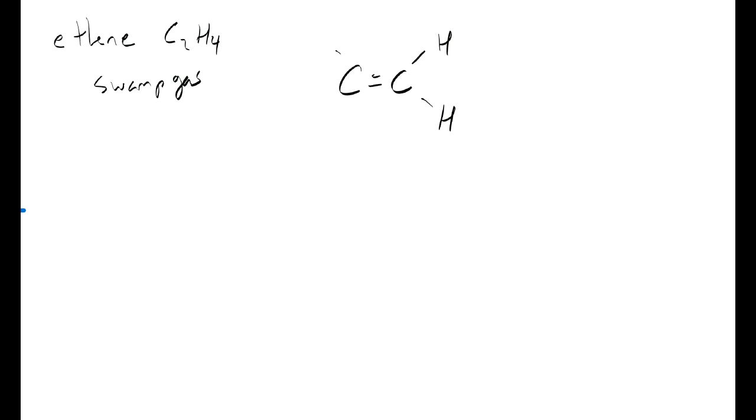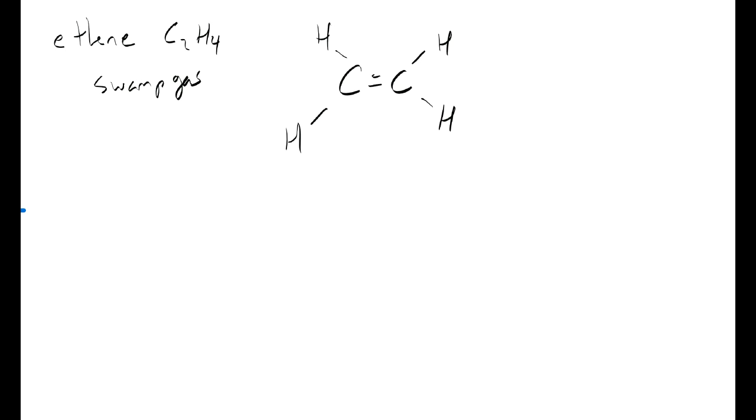Now let's do ethene. That's C2H4, or swamp gas. What we've done there is we popped off a pair of hydrogens so we could make a double bond between the carbons. And we'll go ahead and draw with the appropriate geometry.